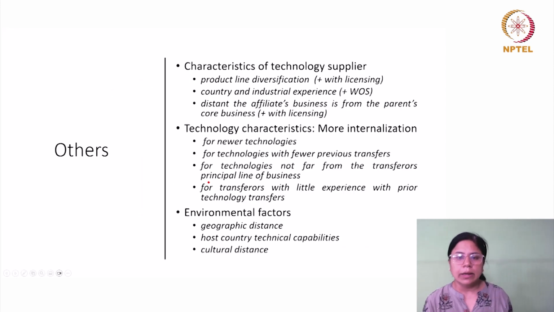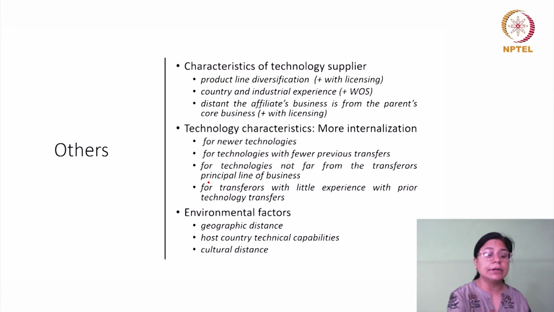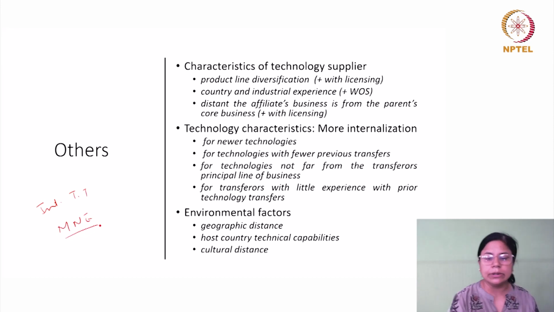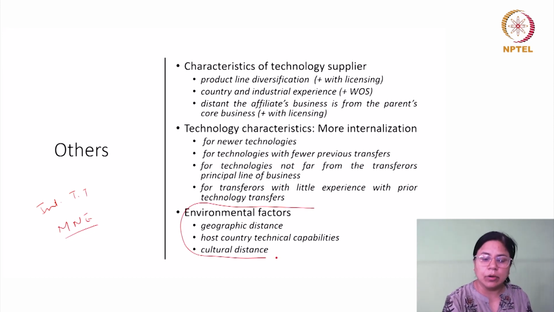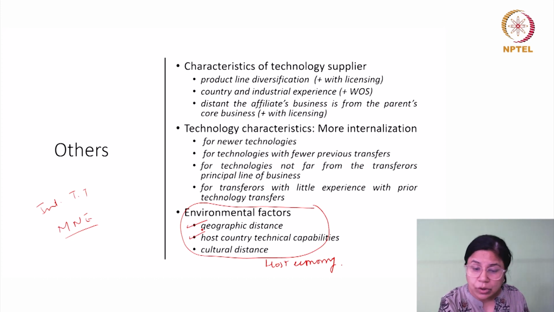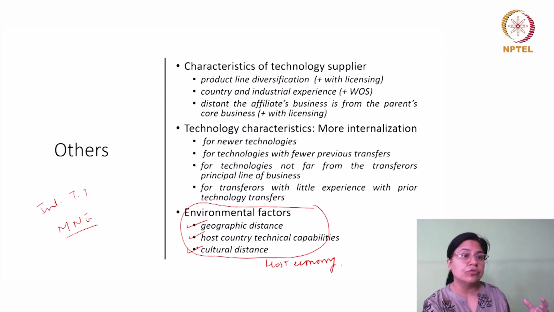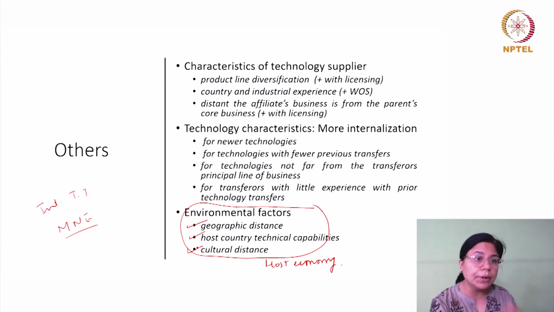So now, when we're talking about international technology transfer, and the role of the multinational enterprises, like we have said earlier, the environmental factors of the host economy will be very important. Right? Particularly the geographical distance, the technical capabilities of the host economy, and cultural distances, which will in fact ensure the absorption of the particular product in the host economy.